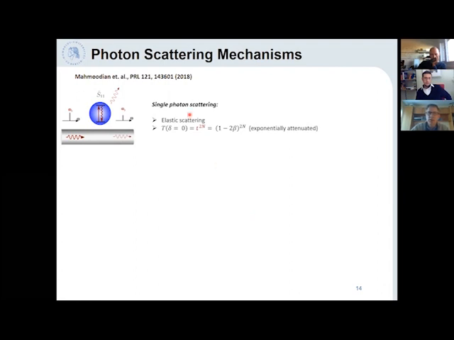So it's the amplitude transmission of one atom to the power of 2n. This depends again on the coupling strength of the atom to the waveguide. So this is just the Beer-Lambert law as we would expect it. But then there is also the two-photon scattering mechanism.